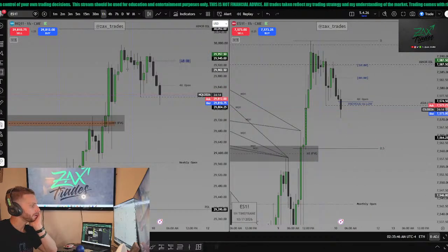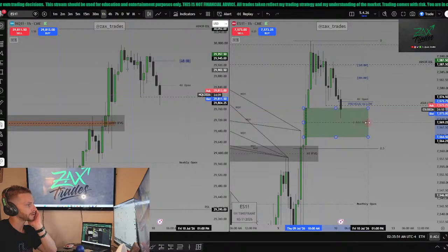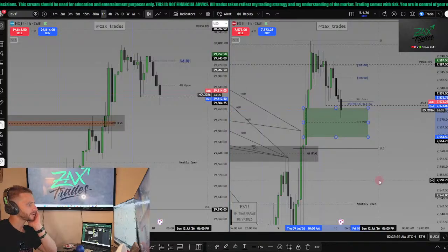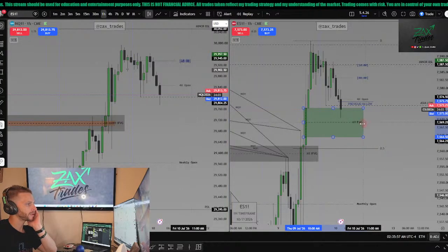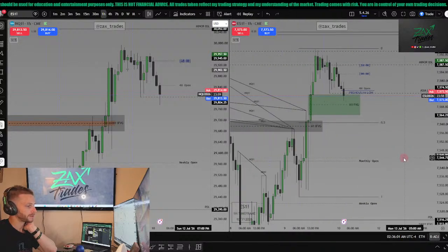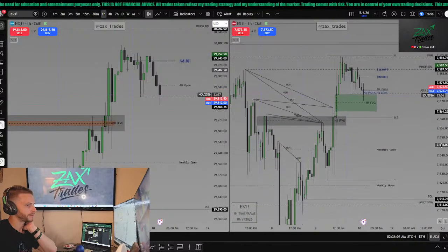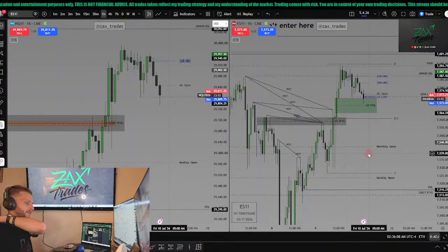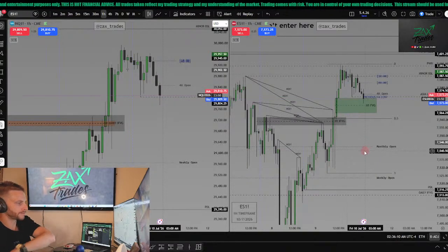And now on ES, on this lower time frame, on this 1 hour, we also have a fresh 1 hour fair value gap. Just to let you guys know, I don't trade London necessarily every night, because I'm in Florida, United States, so this is 2 o'clock in the morning.